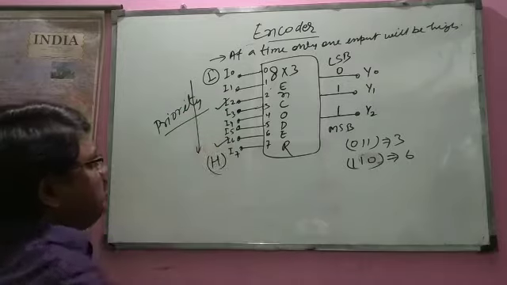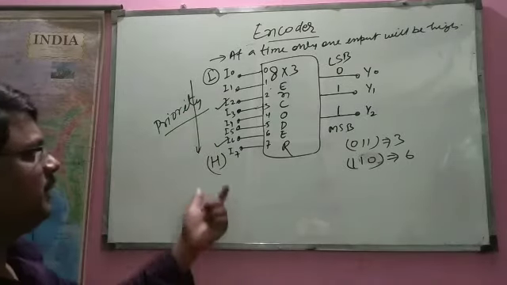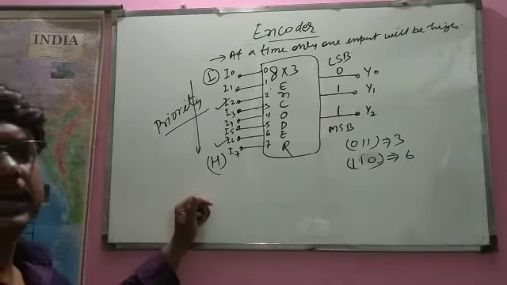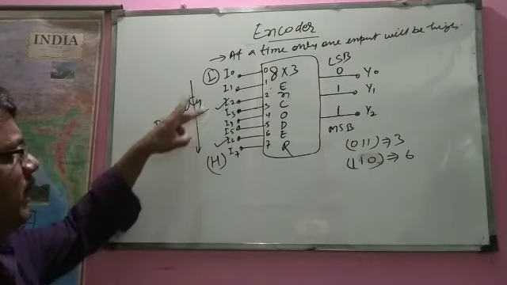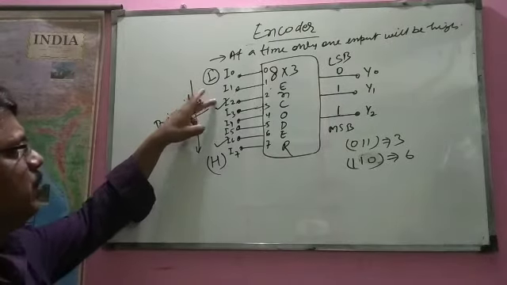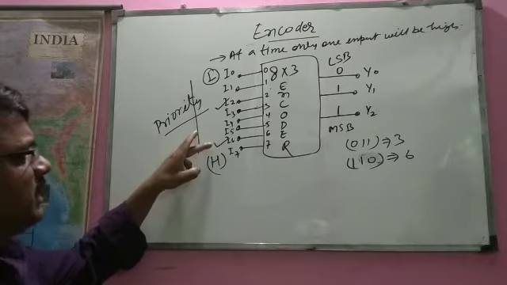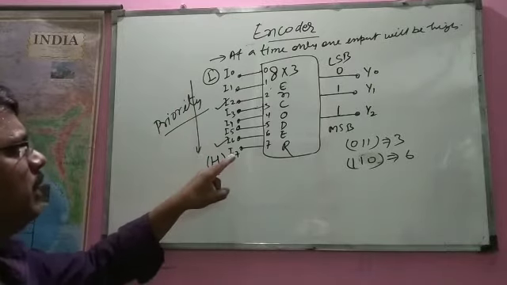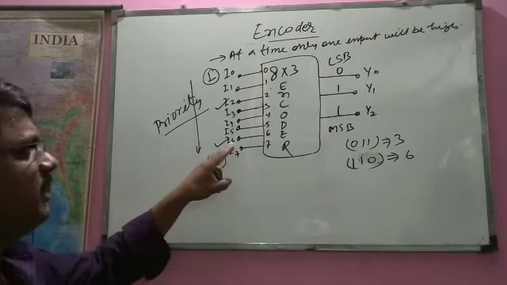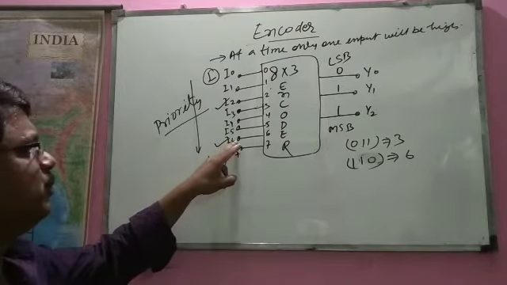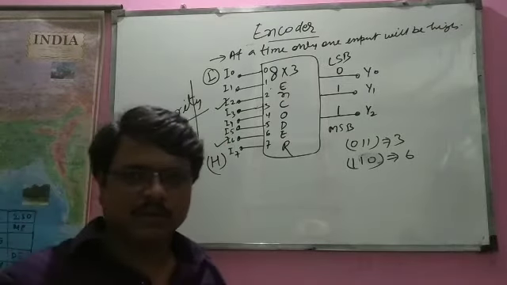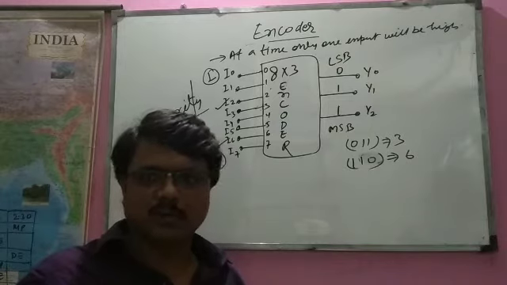Now it is easy to decide which one will be considered as high. So I2 and I6, I2 has the lower priority and I6 has the highest priority, so the number corresponding to I6 will be given. Okay, so this is the concept of the priority encoder.